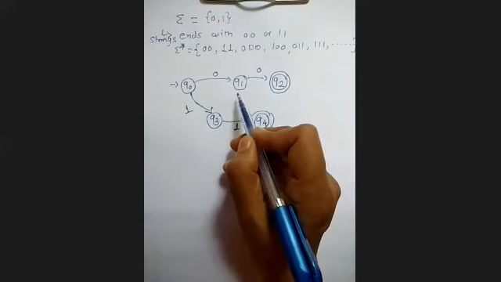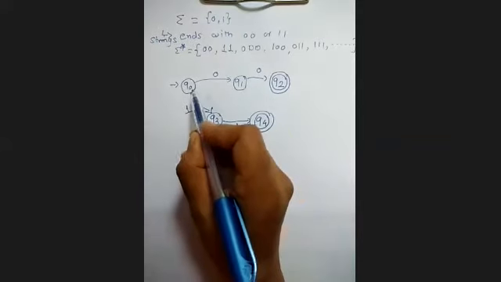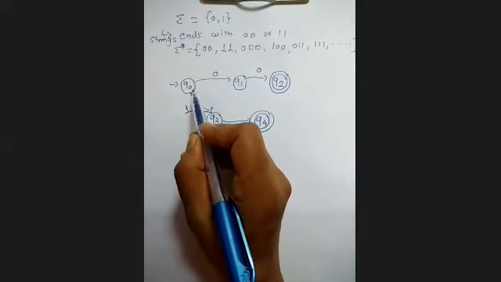So Q1 on 1, if you gave Q0, what will the problem be? Can anybody tell me?